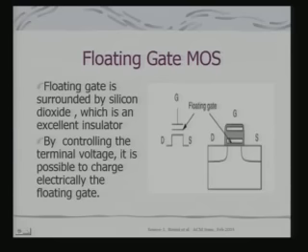There is an additional floating gate in these transistors, surrounded by silicon dioxide, which is an excellent insulator. So, if this gate is charged, the charge will not leak out. By controlling the terminal voltage, it is possible to electrically charge the floating gate, and that is why you require special voltages to write onto these chips.